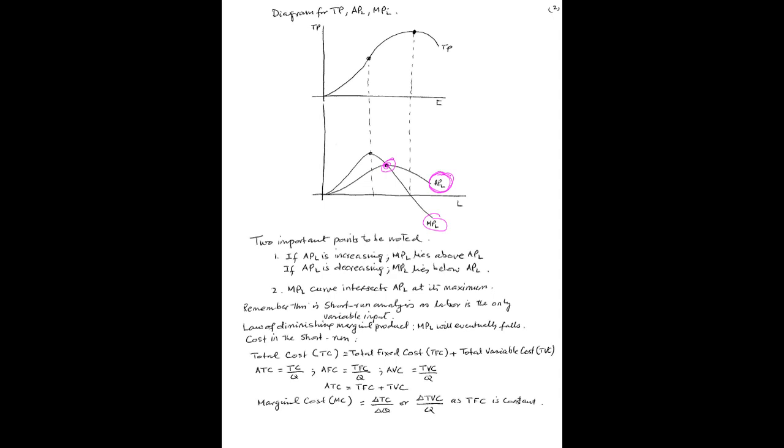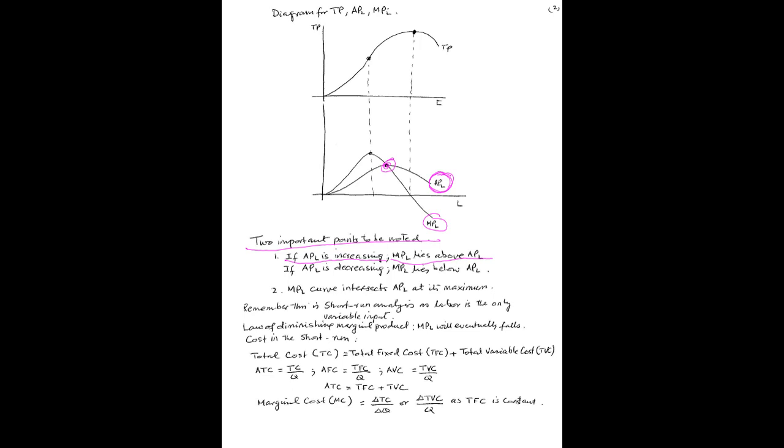Number one, if APL is increasing, MPL must lie above APL. This is what I told you in a slightly different way. I said if MPL lies above APL, APL is increasing. So exactly the same thing, right? So see this.